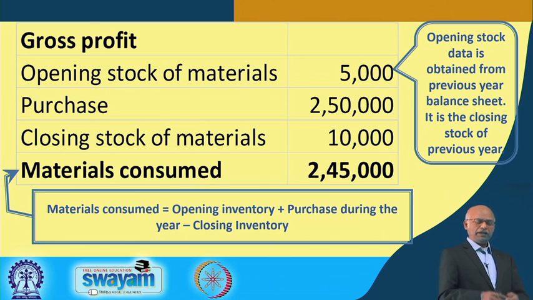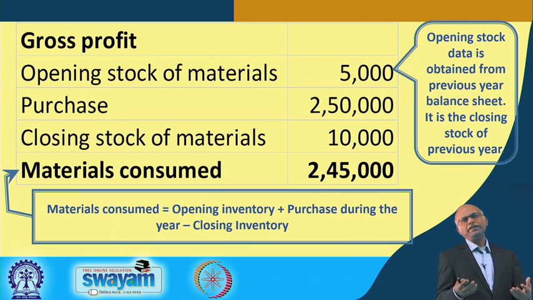How to estimate that? Suppose you just try to visualize. Unless you visualize, it will be all too theoretical. Suppose you have this business in your hostel or in some room, wherever. At the beginning of the business, on the 1st of April, early in the morning, when you open the shop, you see some stock already there in the shop.